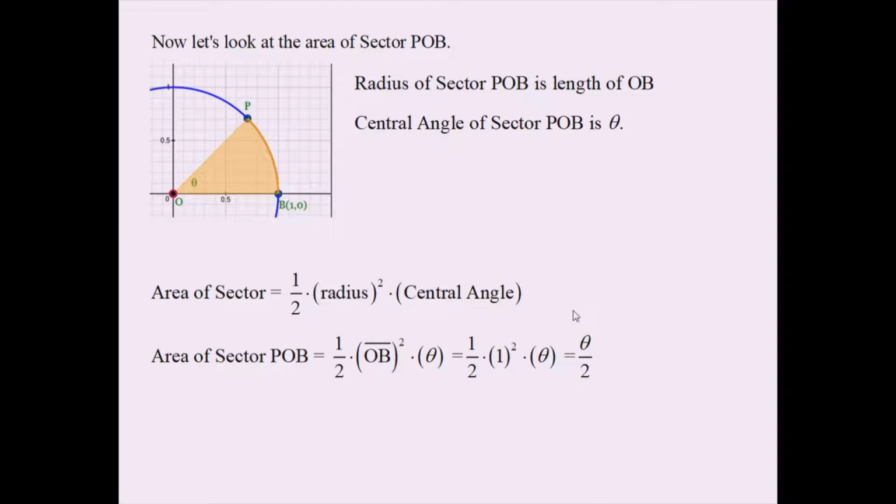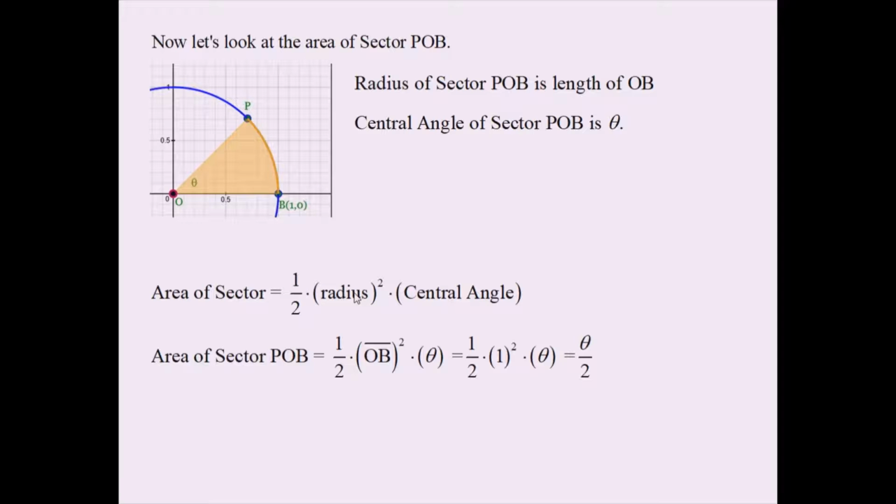And now let's take a look at the area of the sector POB. In this sector, the central angle is theta, and the radius is either the length of OB or the length of OP, which is 1. So the length of OP is 1, and the length of OB is also 1. Remember that the area of the sector is 1/2 times the square of the radius times the central angle.